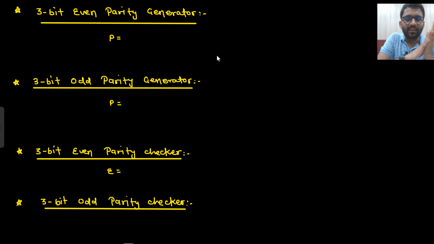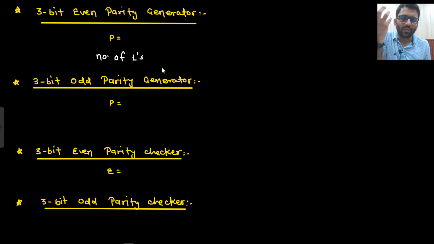So, the 3-bit even parity generator. Write down the final expression of the parity. How will you think in the examination? For the 3-bit even parity generator, the number of ones should be even. If the number of ones is odd, the output should be 1, because this is an even parity generator.